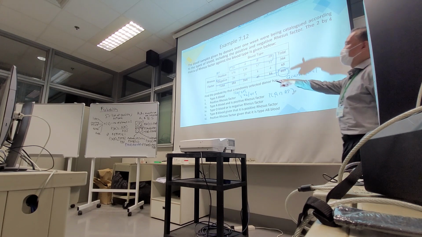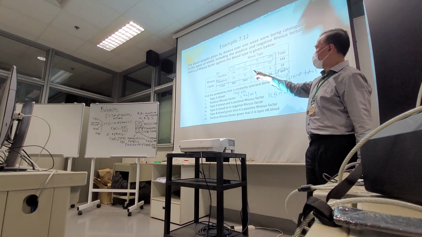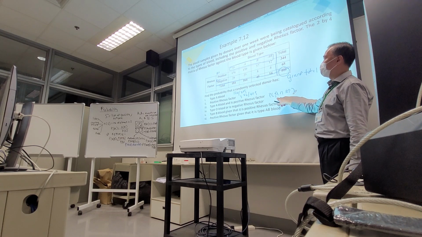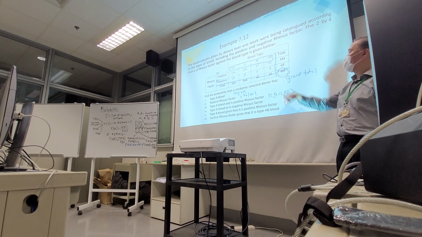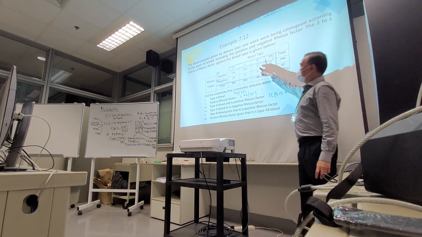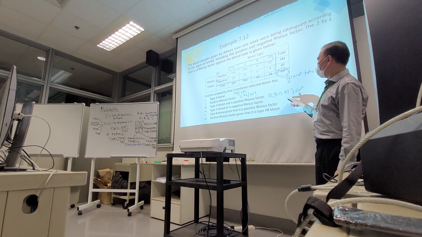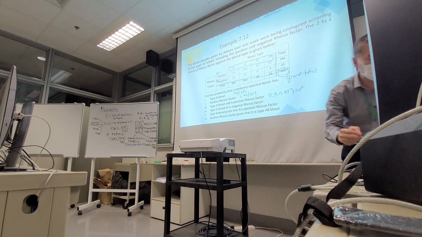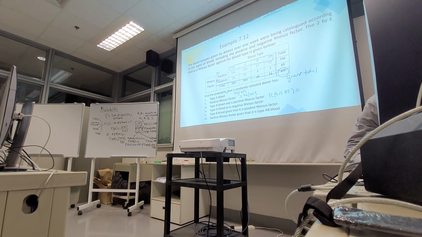I want the resonance factor positive, at the same time it's blood group A. So how do you do this? Very simple, right? This one is the probability of A, and this one is the probability of RP.